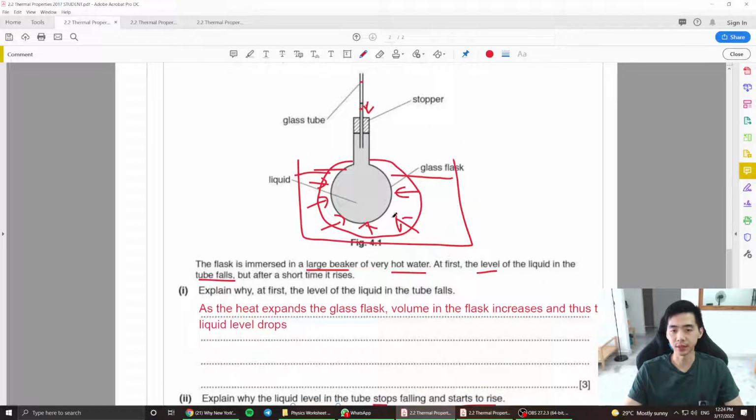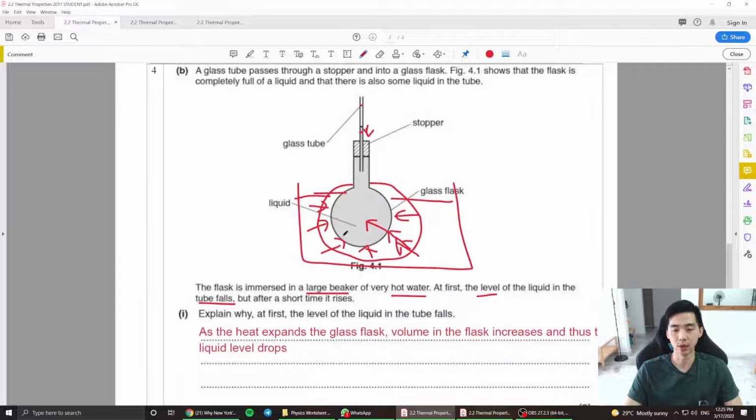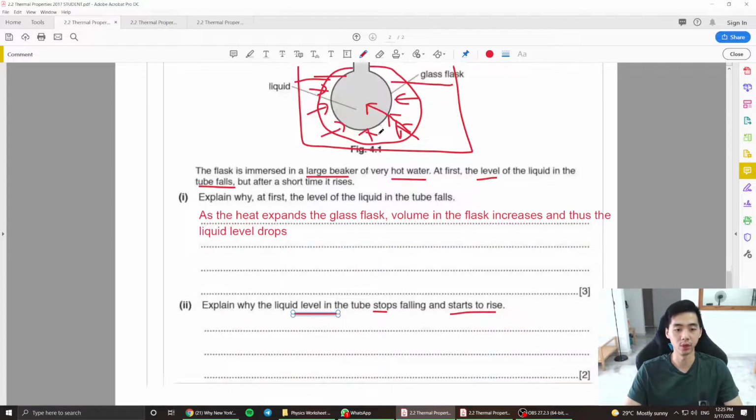Then after that, the next question: explain why the liquid level in the tube stops falling and starts rising. Once the heat actually penetrates through the glass and into the liquid, we understand that liquid always expands more than solid, right? So that is why after this, the liquid is going to expand and rise all the way towards the top.